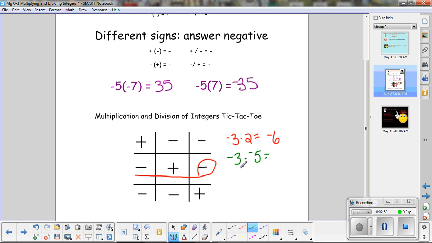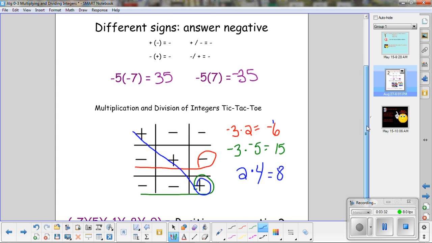A negative times a negative is going to equal a positive. And 2 times 4, positive times a positive is obviously a positive. If you're using the saying, bad things happening to good people is bad, bad things happening to bad people is good, and good things happening to good people is good.